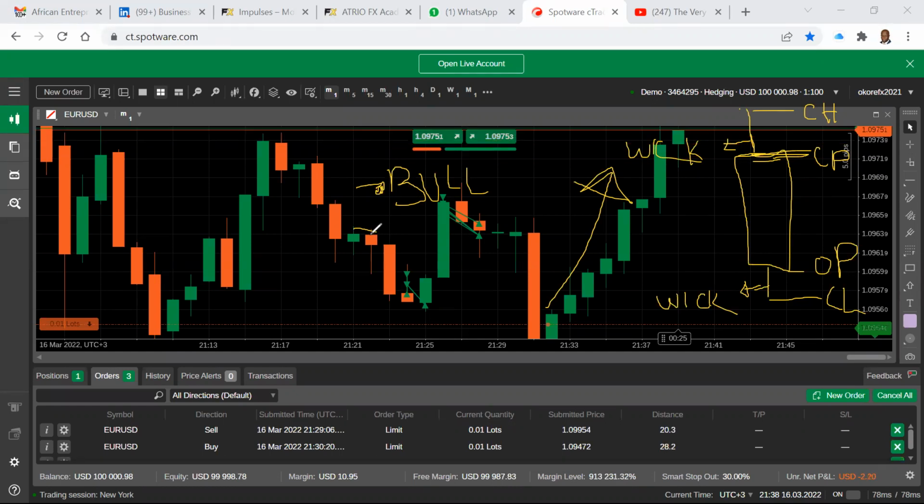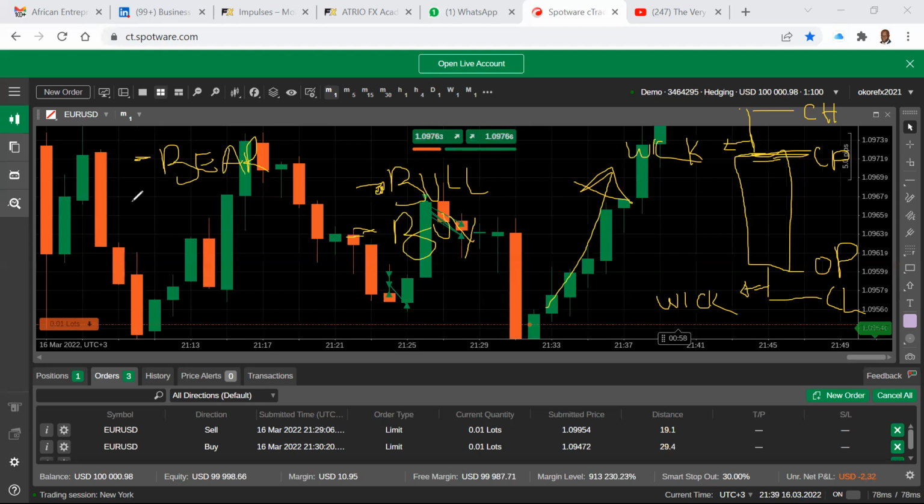So that's a bullish candle, or a buying candle. And when it is going downwards, in this case the color would be the orange ones, then we say the candle is bearish.